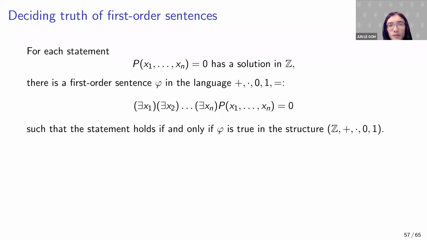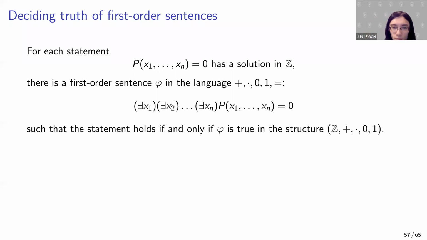Say we have a statement saying that some Diophantine equation has a solution in Z. We can translate that into a first order sentence phi, which is in this language: plus and times and 0 and 1 and equals. These operations, you can mush together in appropriate ways to form Diophantine equations.